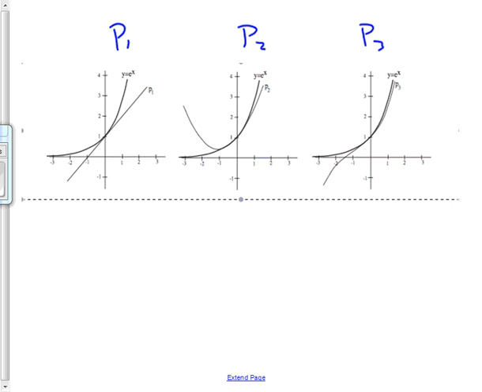And we're looking, again, around x equals 0. If we zoom in on that x equals 0 area, P1 is okay. P2 starts getting clearly better, and P3 looks pretty excellent for a long time. So again, as we look at greater values of n, the bigger the polynomial is, the better it will approximate.